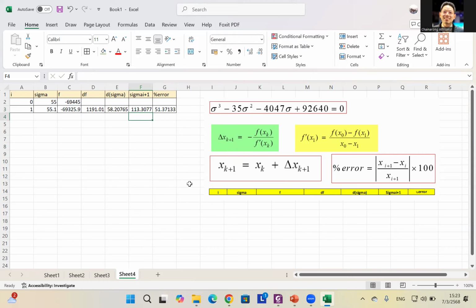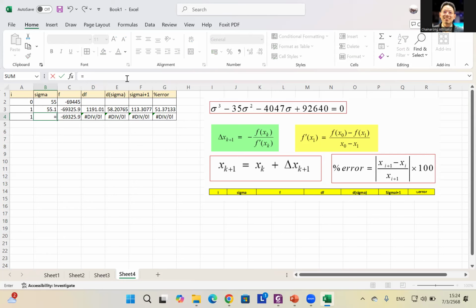It is the same. Are you all right? And then for the next procedure, we change this to be the next one, right? We select this to be the next one.